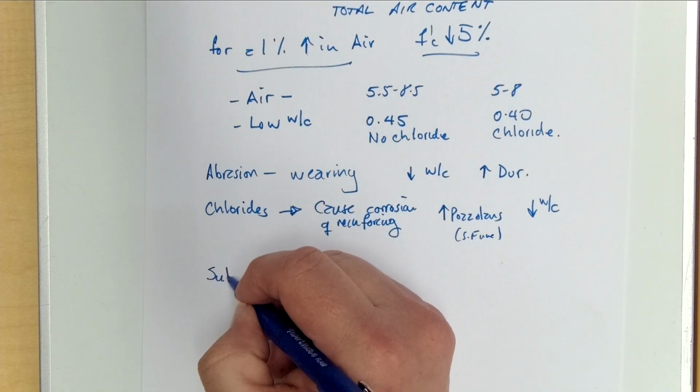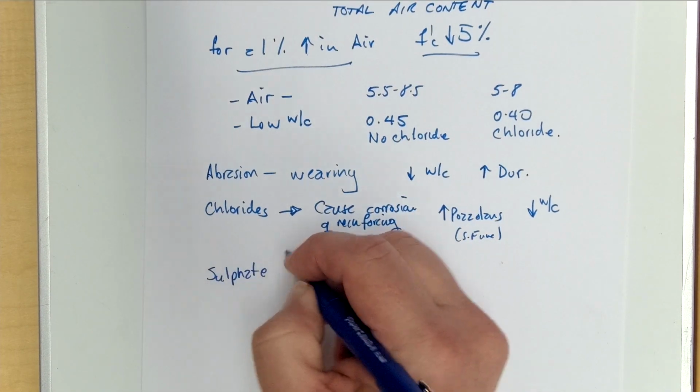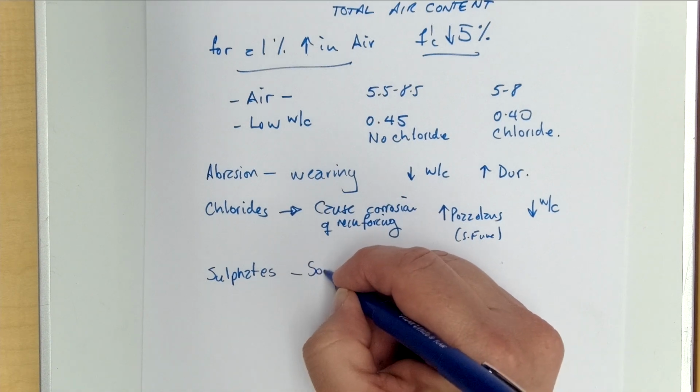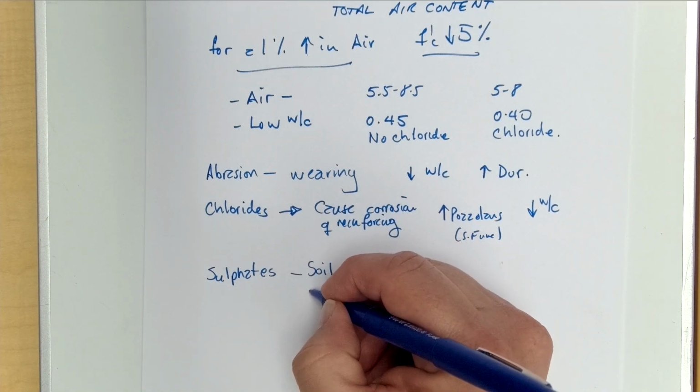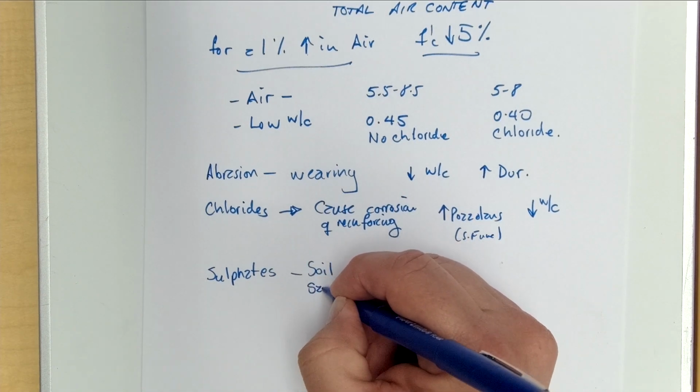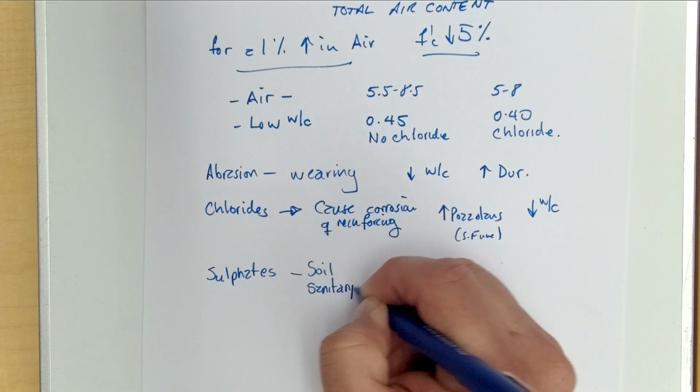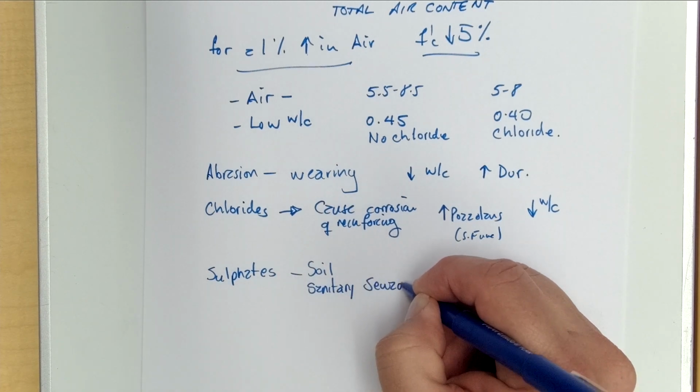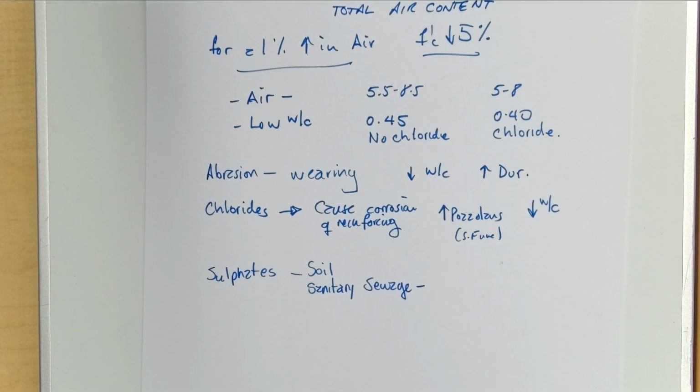Sulfate. There are naturally occurring sulfates in the soil. Also, there are sulfates in sanitary sewage. Sanitary sewage runs in concrete pipes down to a concrete treatment plant where it gets treated.